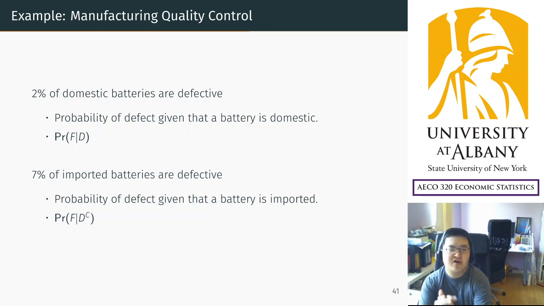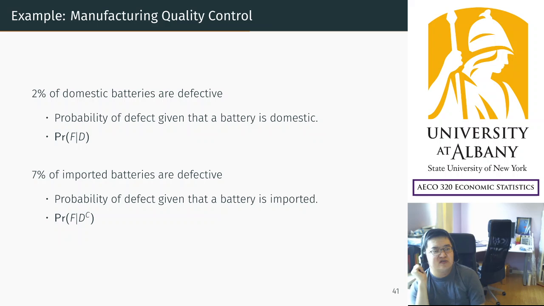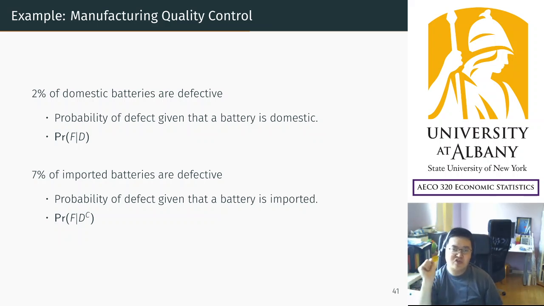Or you may imagine the underlying experiment. When you choose batteries at random, but you choose only among domestic batteries. So here is a pile of domestic batteries, and you randomly choose and inspect. If it's defective, check it off.